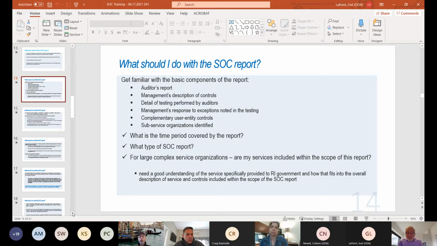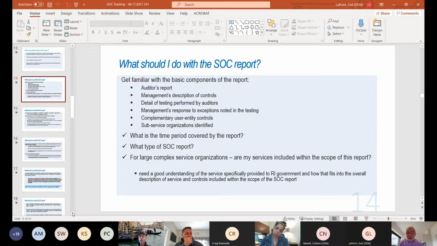So the time period that's covered by the report is very important. It's not going to often align perfectly with, say, the state's fiscal year. So you might have two SOC reports that bridge a particular fiscal year, and in some cases we will get a bridge letter, which we'll talk about in a little bit too.